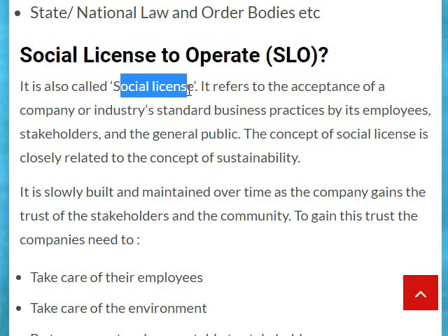The term social license to operate and the term social license are used interchangeably in literature or in other places or even while we talk. So, whenever someone says social license, you should understand it as social license to operate. They are necessarily the same thing.